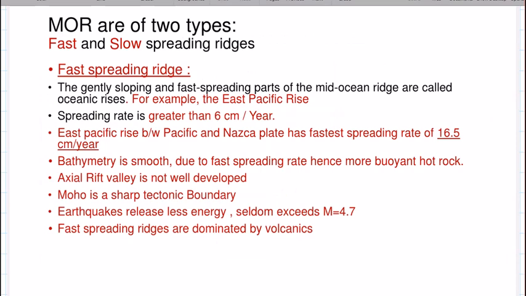Now, mid-oceanic ridges are of two types: fast and slow spreading ridges. Fast spreading ridge means that the spreading rate is more than 6 centimeters per year.